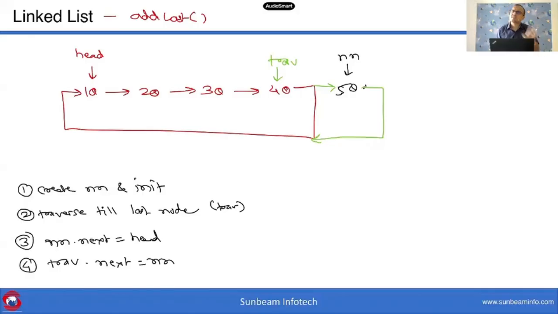If it is working correct, then you are correct. If it is not working correct, go back to the paper, again do the paperwork, find out the mistake, rectify the mistake, again come up with the modified solution, try that. If it is working, then you are correct. If it is not, again go back to the paper. I'm saying that that is the best way of learning data structure. Data structure cannot be taught, data structure can be learned.